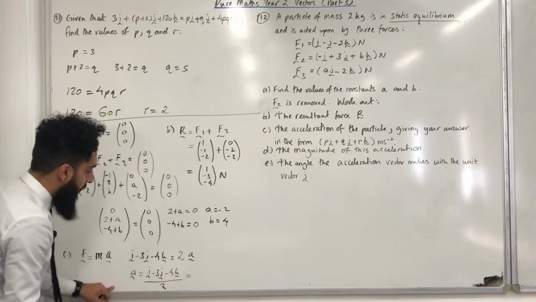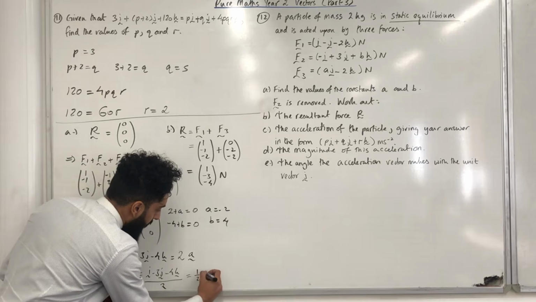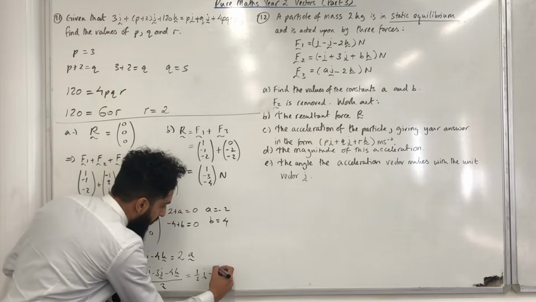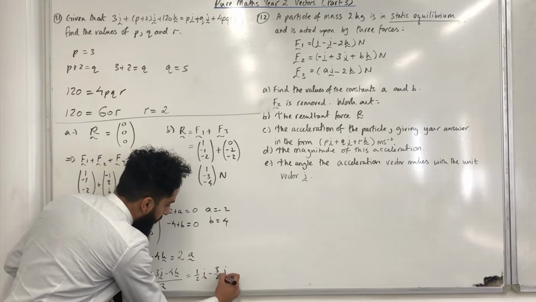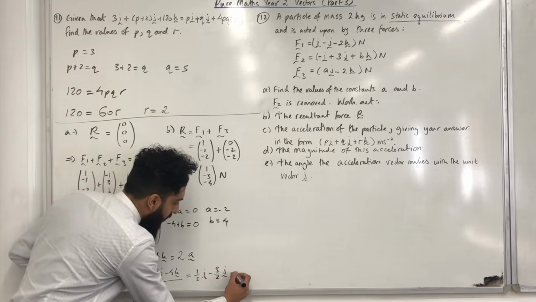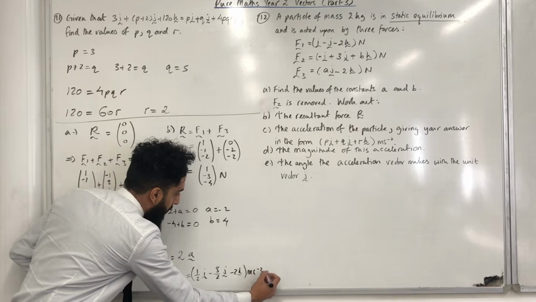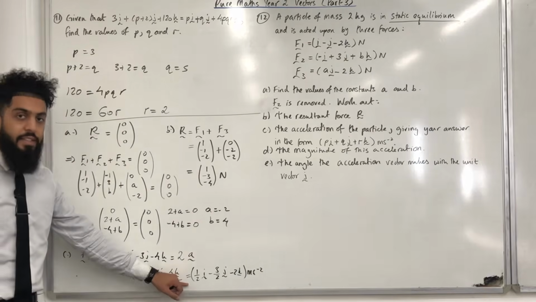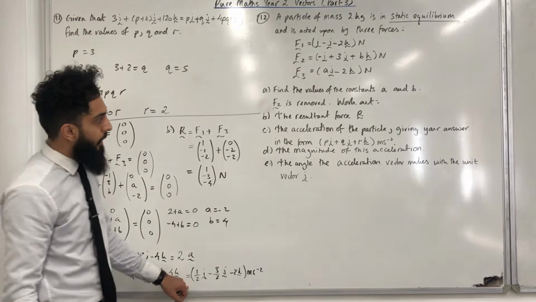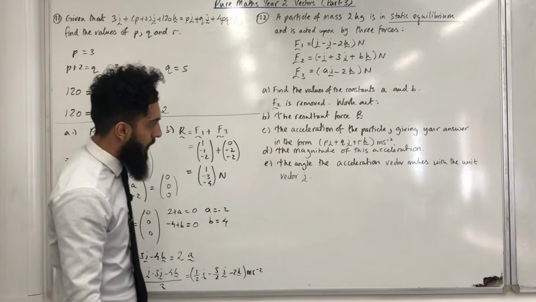You can simplify further to give you a half i minus 3 over 2 j minus 2k, in brackets, meters per second per second. So that there is the acceleration vector in the form pi plus qj plus rk.